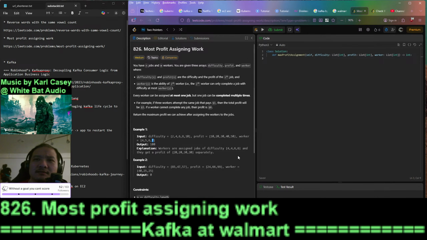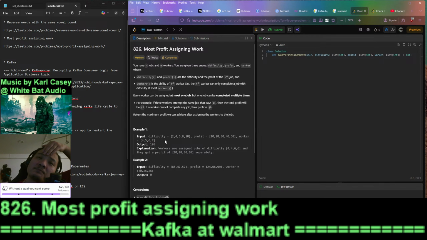Right, so 6 can only do these. Same, so 30, 30. 5 can only do 4 here, which is 20. 4 can only do 4 here, which is 20.